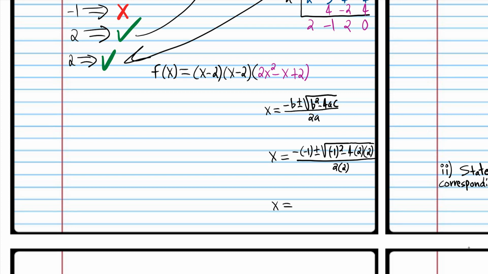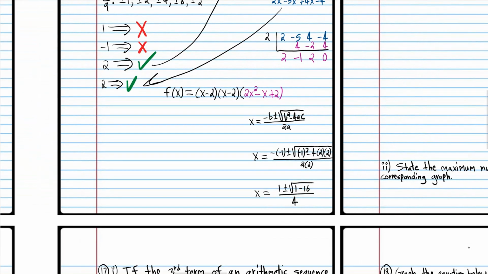So then we have 1 plus or minus root 1 minus 16 all over 4.